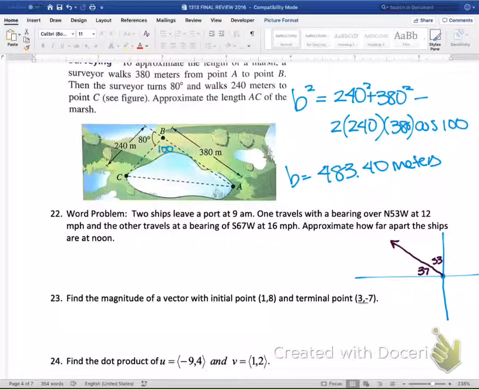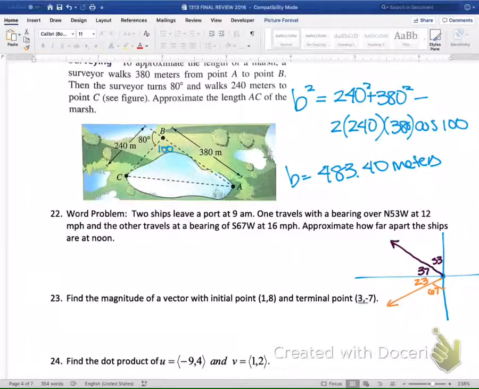37. Our second ship is traveling at a bearing of south 67 west. Which quadrant is this one in? The third. And where is that 67-degree angle? Between south and orange. If that one is 67, the other one is 23 in here.